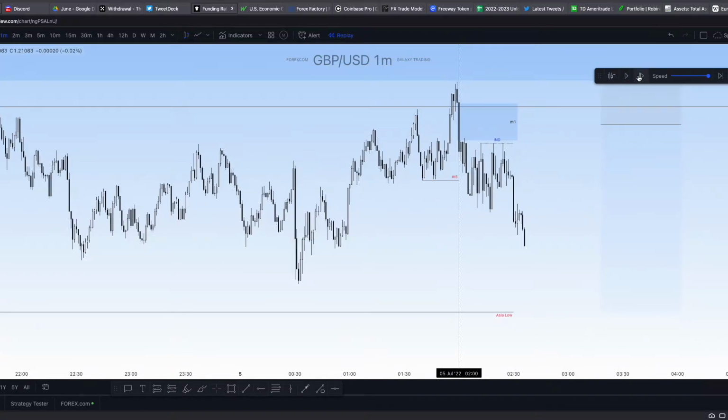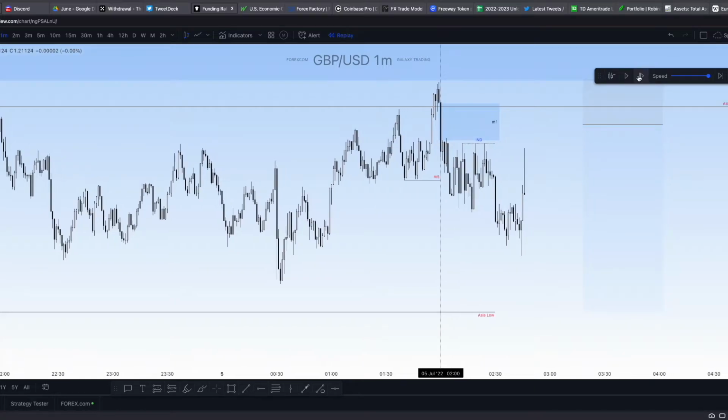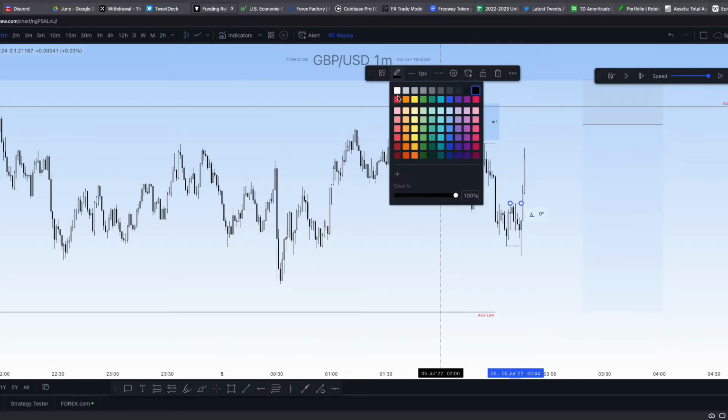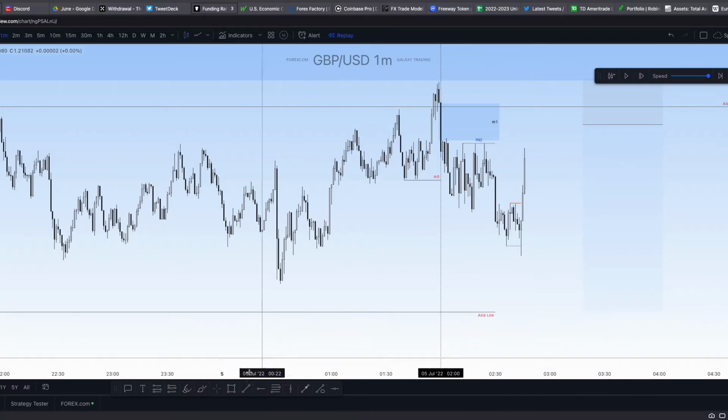So we'll let price play out a bit more, and we actually got one of our classic patterns right here. We got a sweep of the low followed by a sweep of the high that created that low. And displacement.